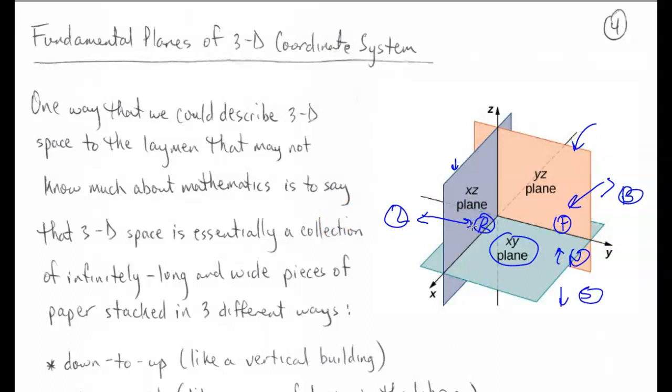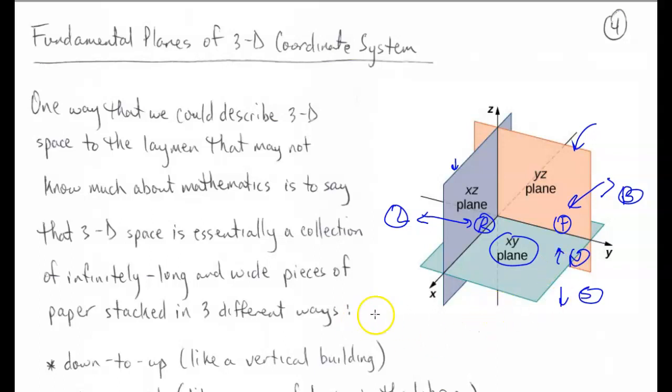So if we look at it that way, then we see that our 3-dimensional coordinate system is just an amalgamation of a bunch of planes being smushed together. Okay. So in thinking about it this way, we now have the tools to be able to describe regions of points that are on planes in a more effective and efficient way.